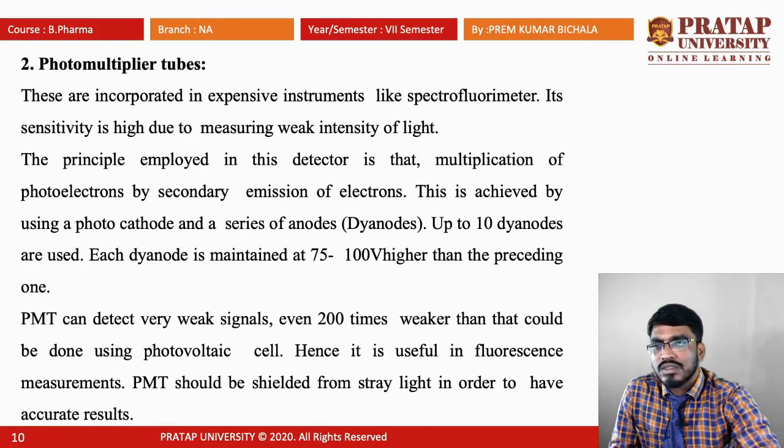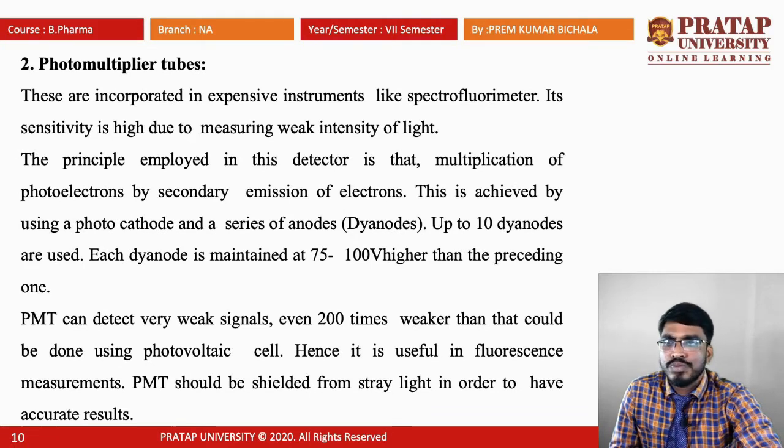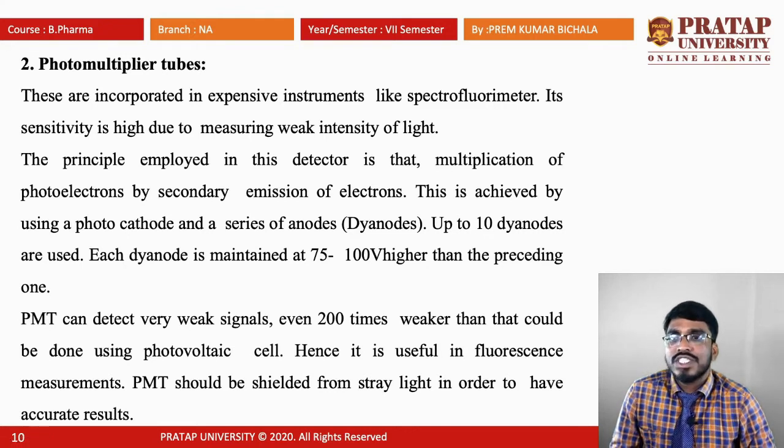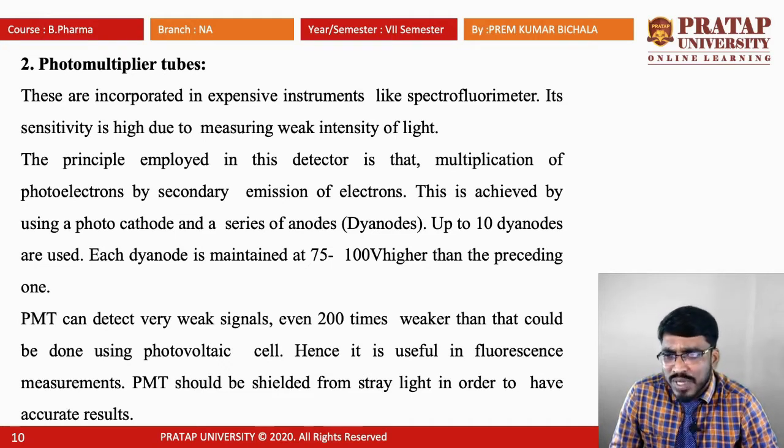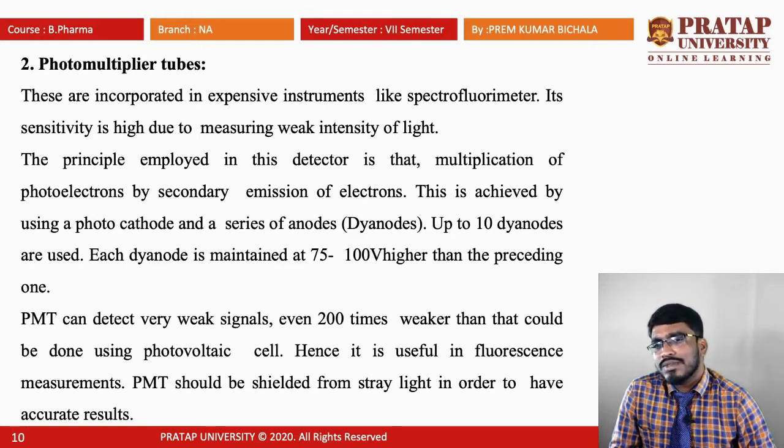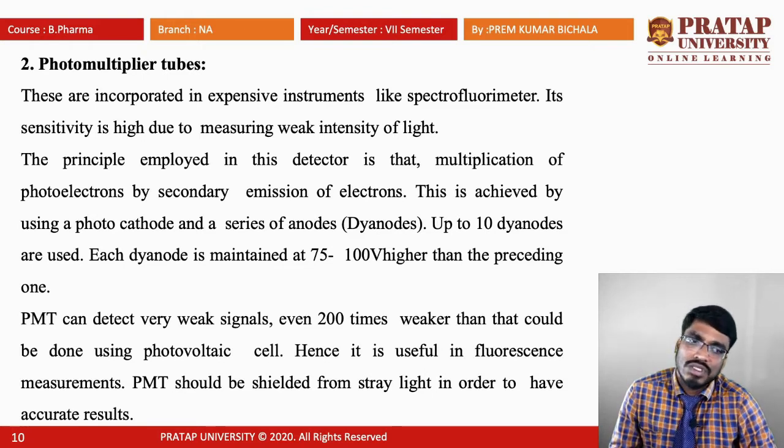Then the second one is the photomultiplier tube. Generally these are incorporated in expensive instruments like spectrophotometers. Its sensitivity is high for measuring weak intensity of light. The major principle employed in this detector is the multiplication of photoelectrons by secondary emission of electrons.